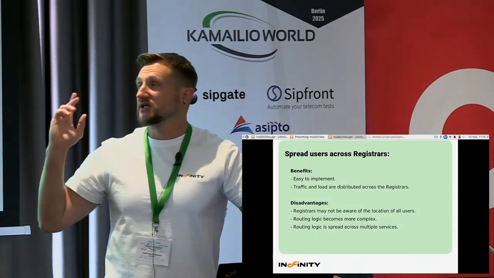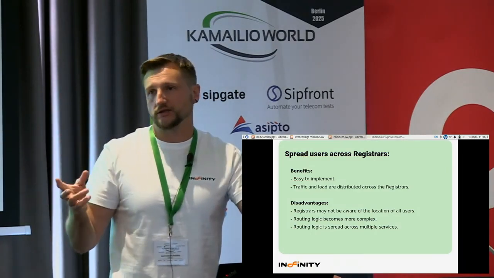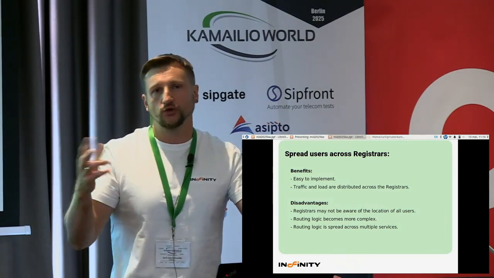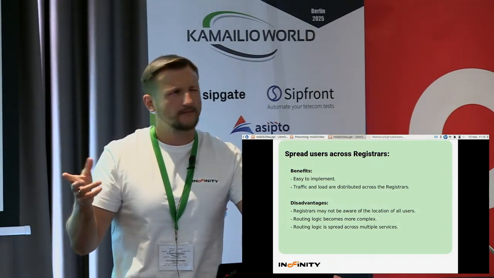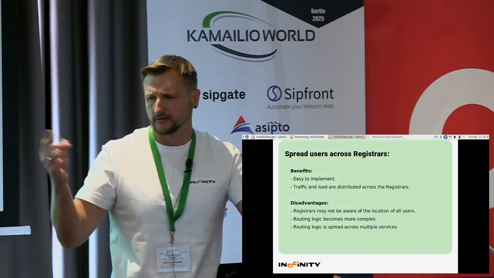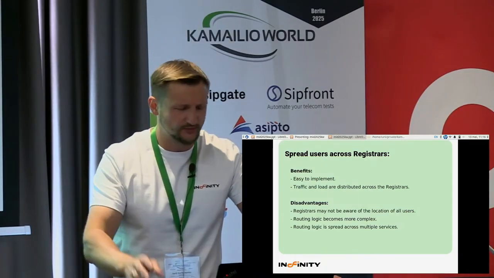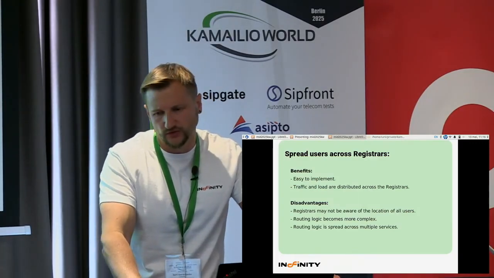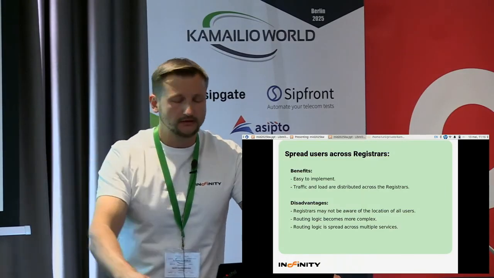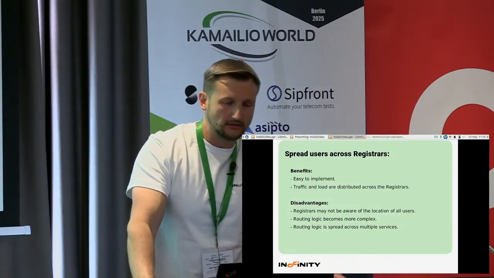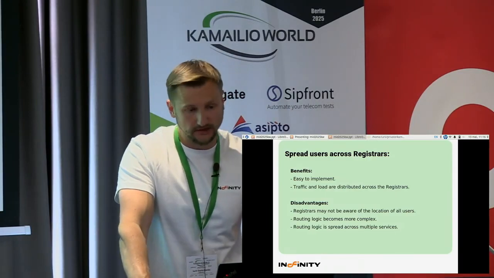For example, with the schema with shared credentials, we can just change a field in the UAC-reg, the proxy server. I don't remember exactly which one, but it just redirects a particular user to a particular register server, and that's it.